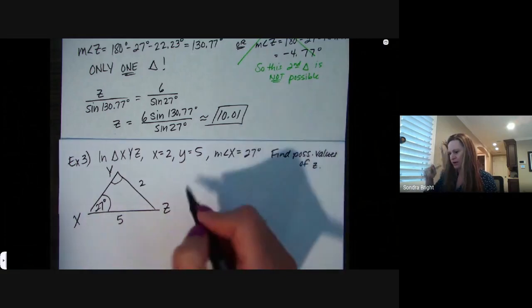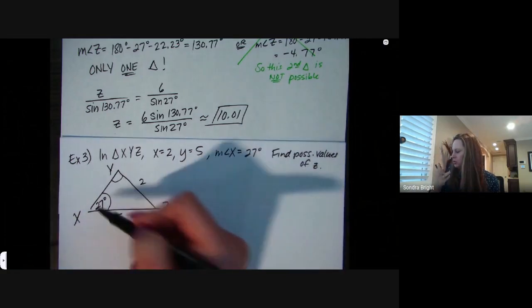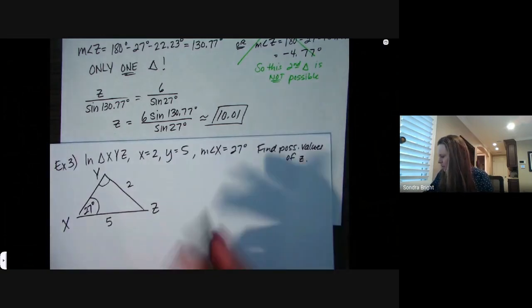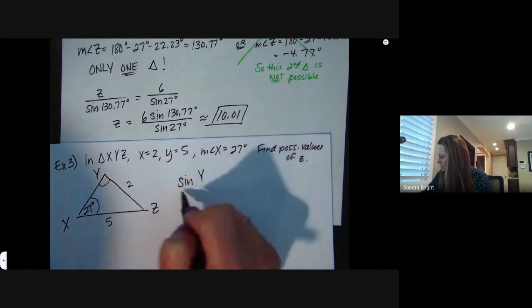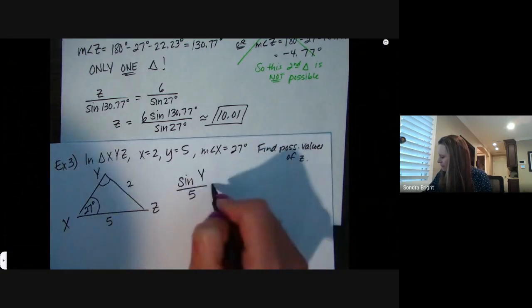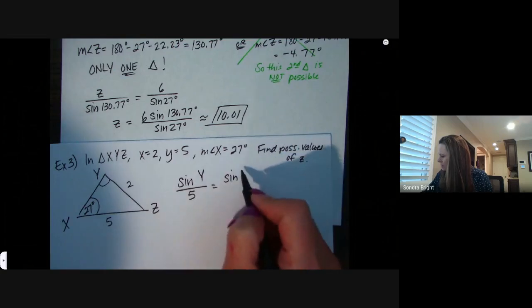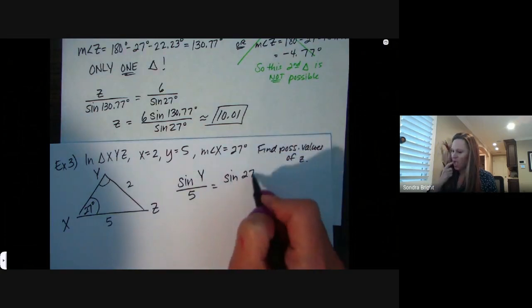So you're aware you're looking for 1, 2, or 0 triangles. I'm going to do sine of angle y over side y is equal to sine of angle x, which is 27 degrees, over side x, which is 2.